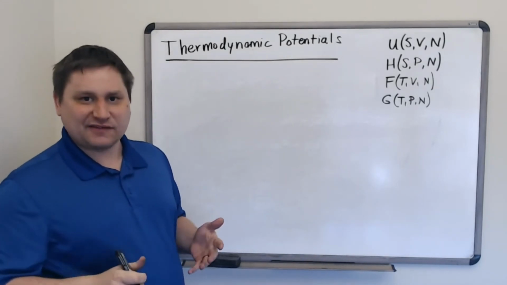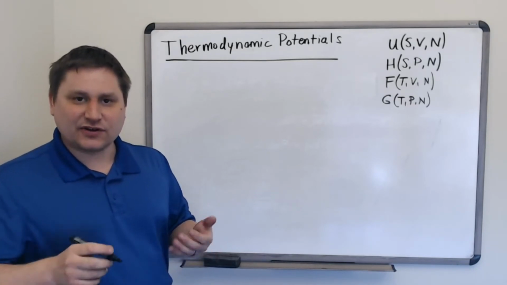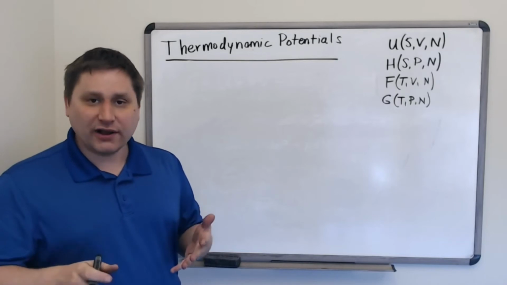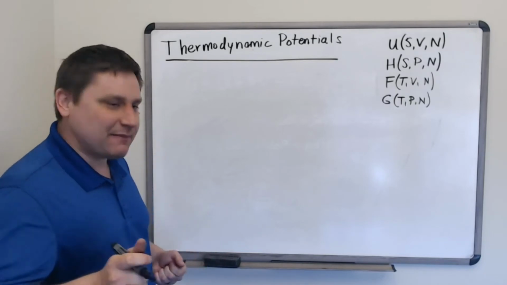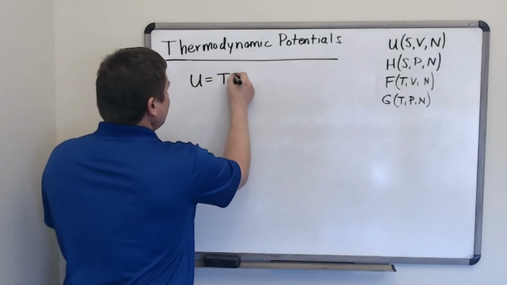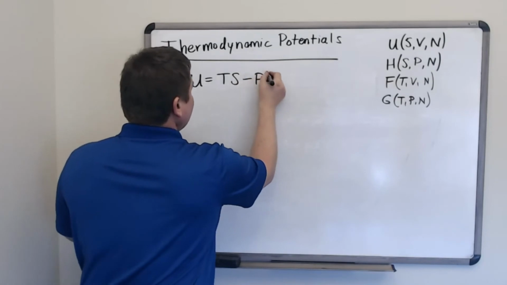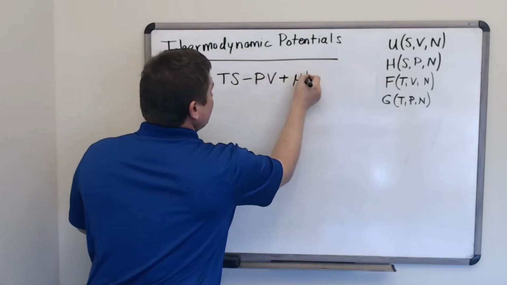There is another aspect to these thermodynamic potentials, which comes from looking at what their Euler integral forms would be. Remember, the Euler integral form for the internal energy was Ts minus PV plus mu n.